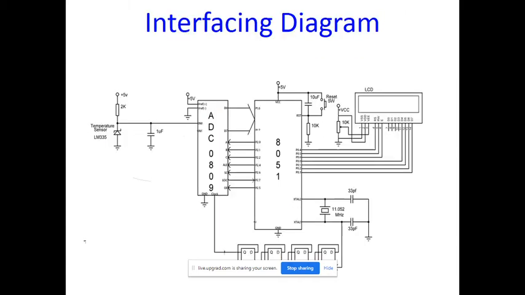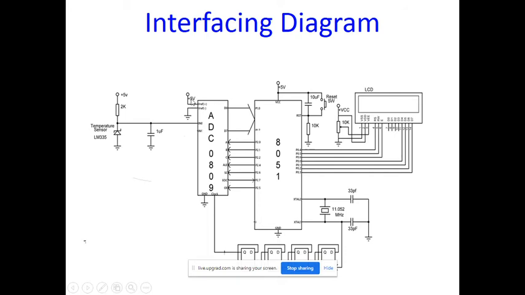In this fashion, the next point is your interfacing diagram. Just see here, one of the sensors, for example a temperature sensor. This is a topic we will cover during the third unit again. There are 8 sensors you can attach. One of them is the temperature sensor, given to channel number 0.